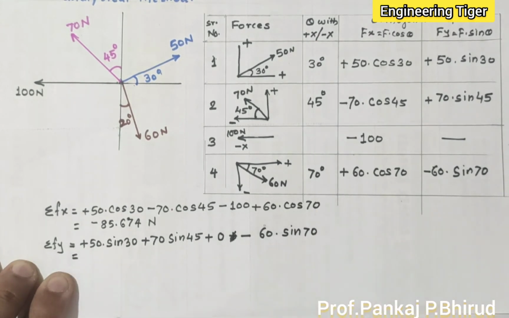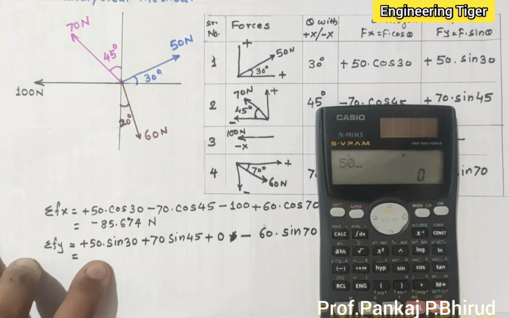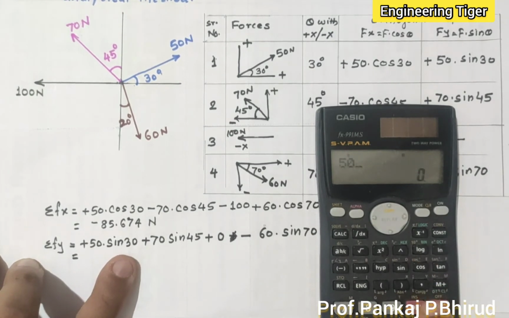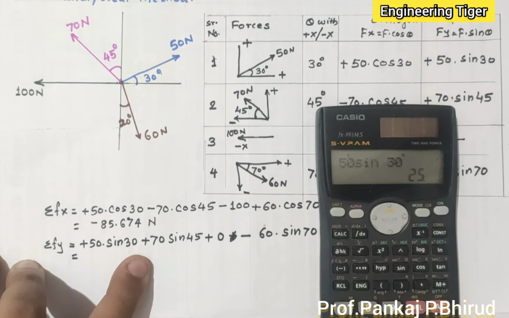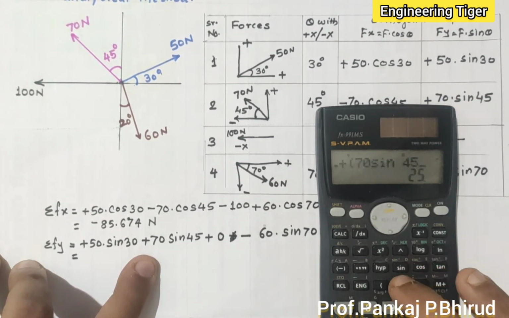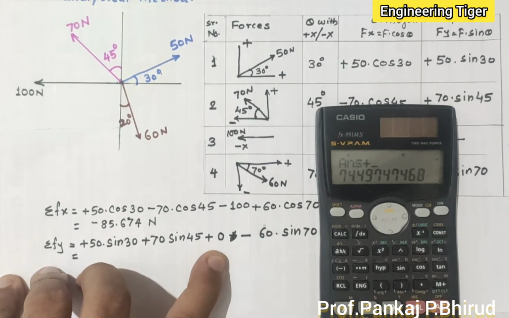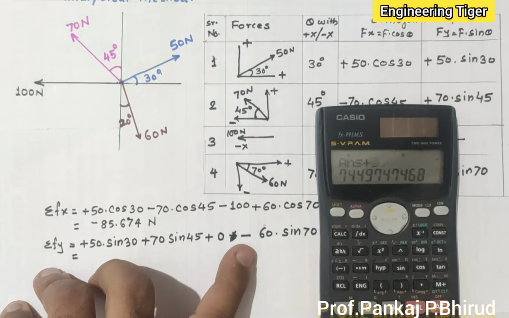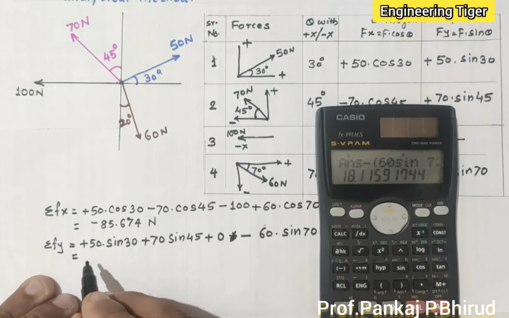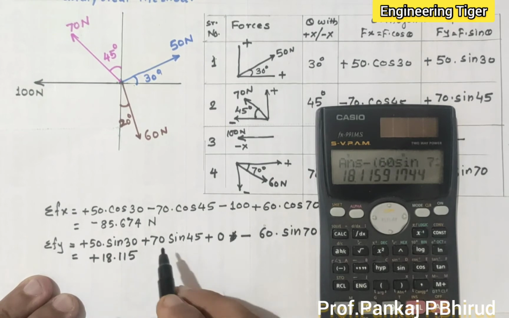So let us calculate this: 50 sin 30 plus in bracket 70 sin 45, plus 0, minus in bracket 60 sin 70. We get plus 18.115 Newton.